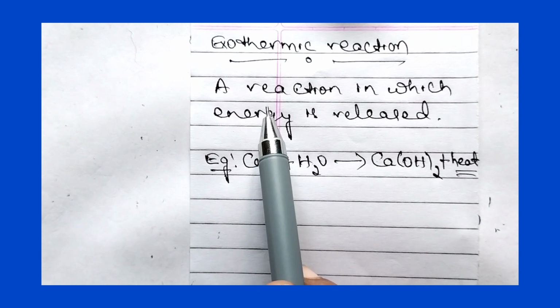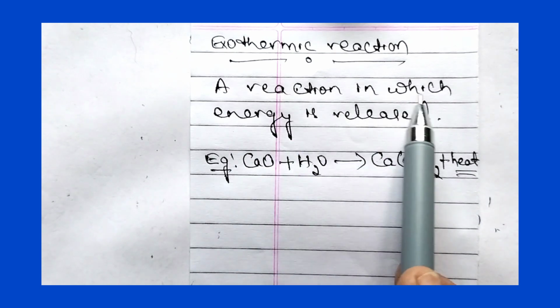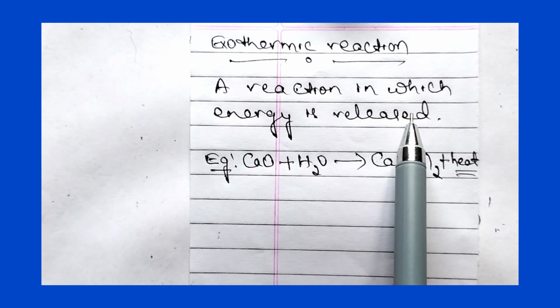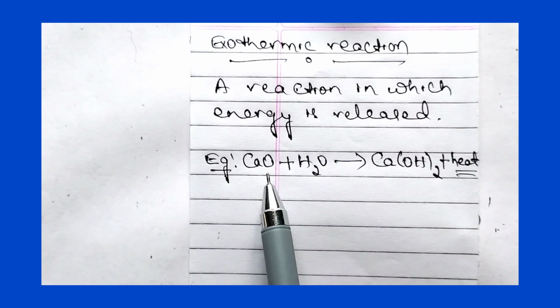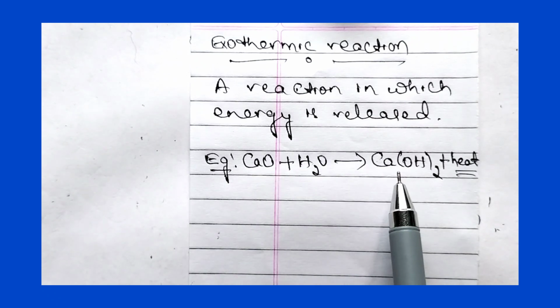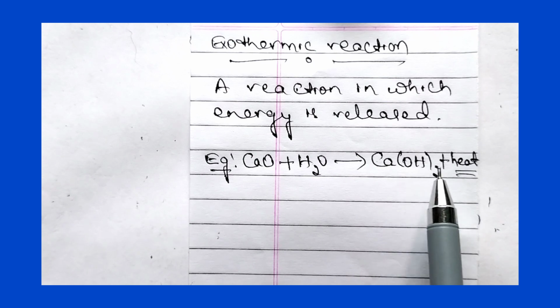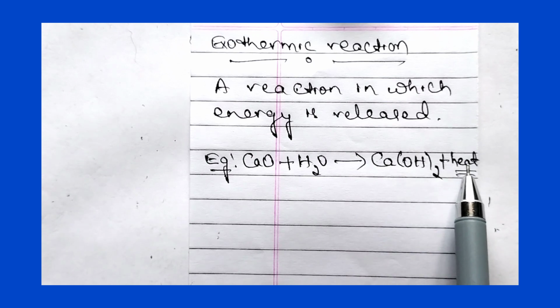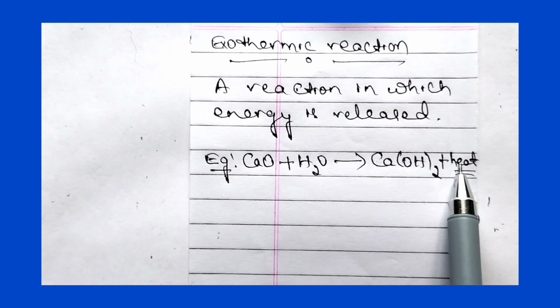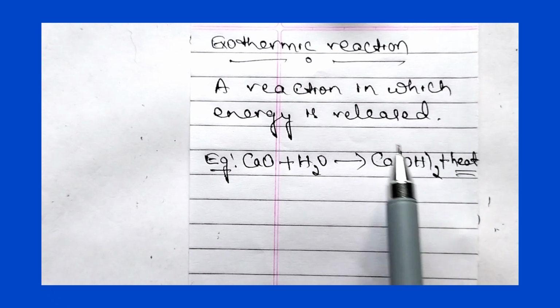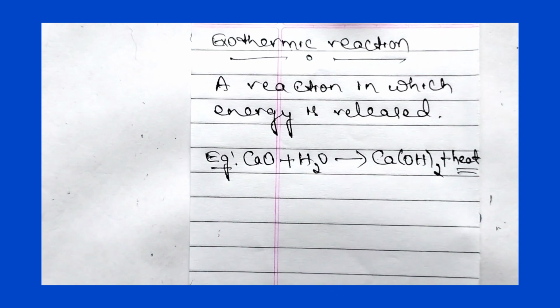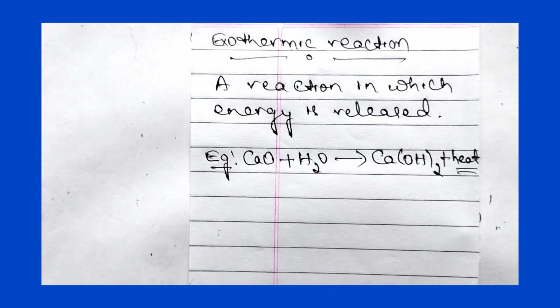What is exothermic reaction? A reaction in which energy is released. ಹಾಗಾದರೆ calcium oxide when reacts with water, it forms calcium hydroxide and releases heat. Since the energy is released in the form of heat, such a reaction is called exothermic reaction.